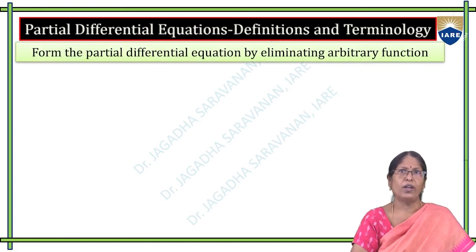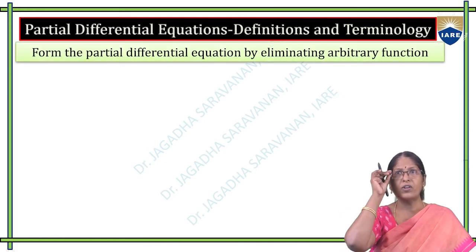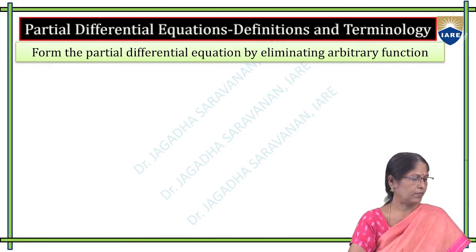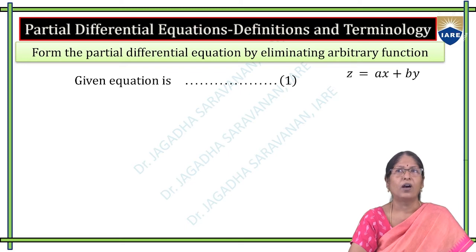So the next one is to form the partial differential equation. How to form? We are going to eliminate the arbitrary functions. So we can say arbitrary function and arbitrary constant. If we eliminate both, we can form the partial differential equation.